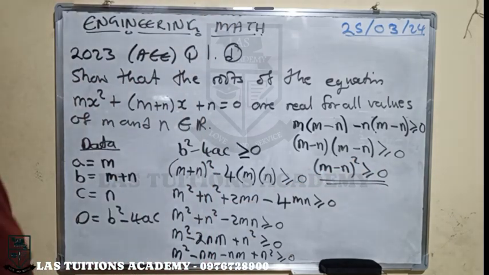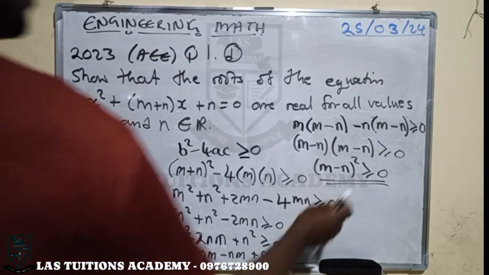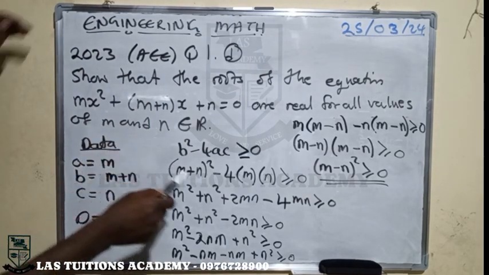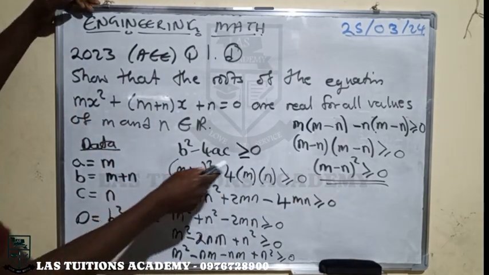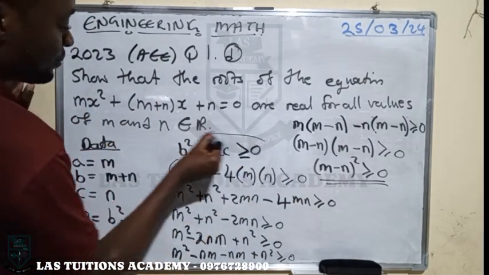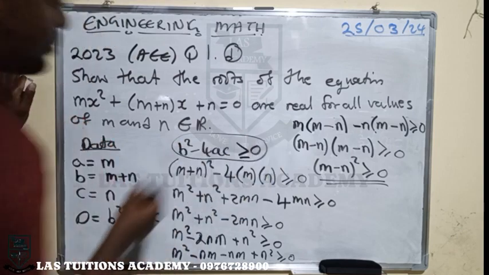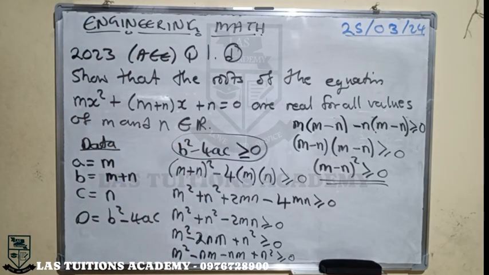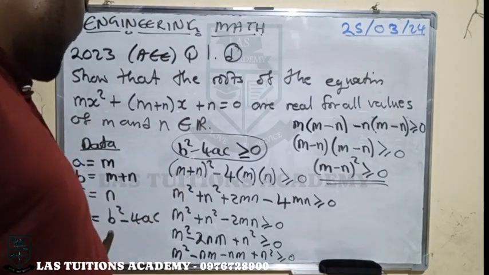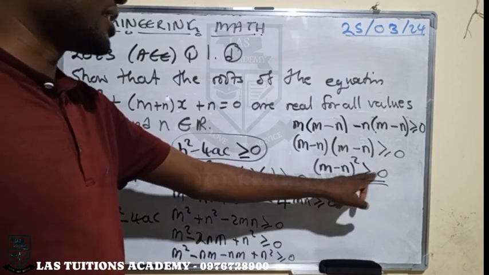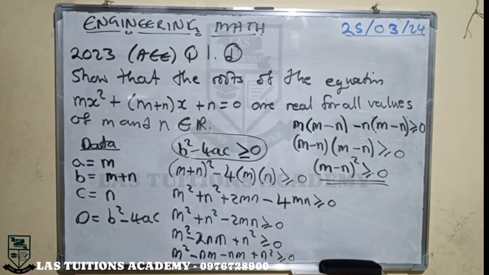This is very true, because our aim was to show that this holds. For any real numbers m and n, when we square them, our discriminant, our d, is always greater than or equal to 0. That's how we show that. So any question? Anyone who is confused?